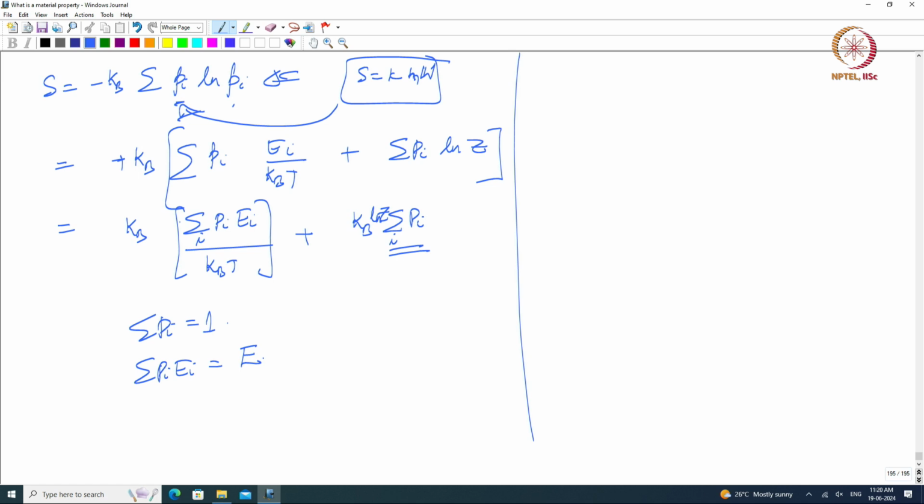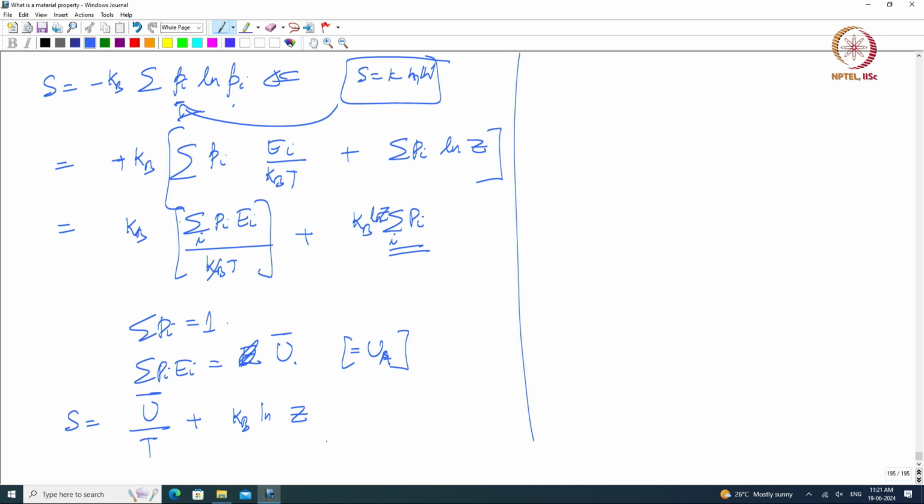So, I am going to write it as U bar, right. So, this is the internal energy of the system. Okay. So, S equal to U by T, right, the kB cancels out, U by T plus kB ln Z, right.